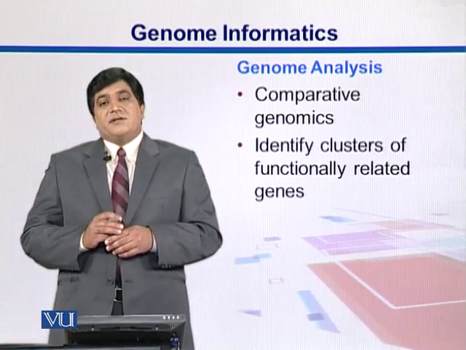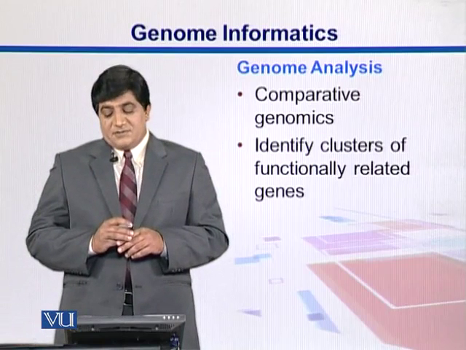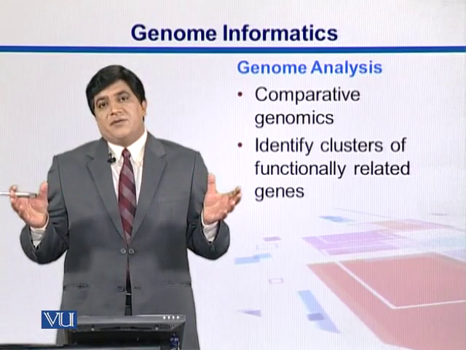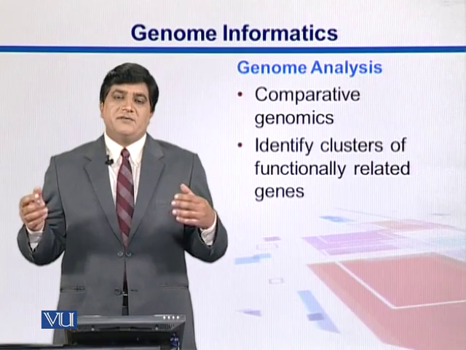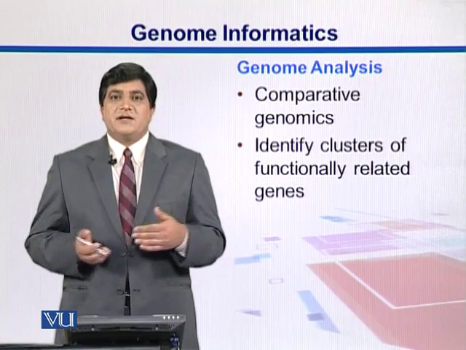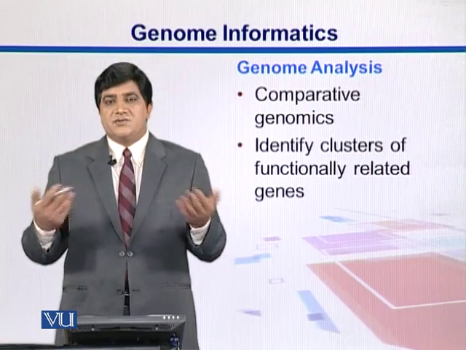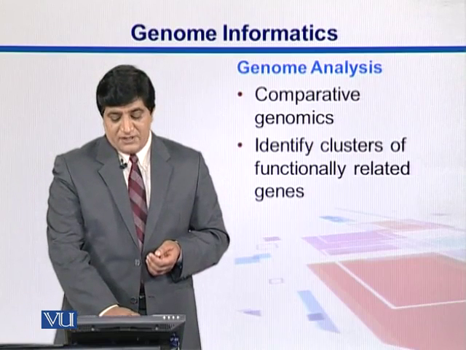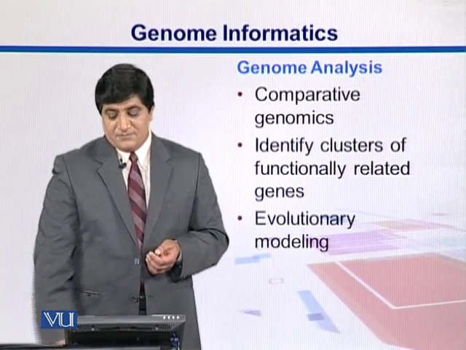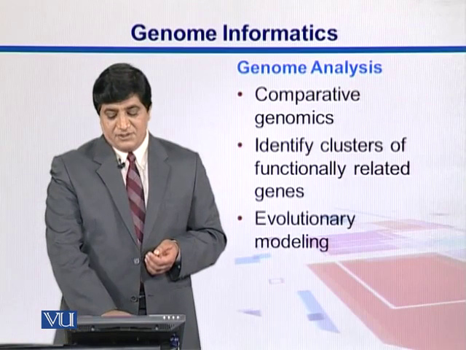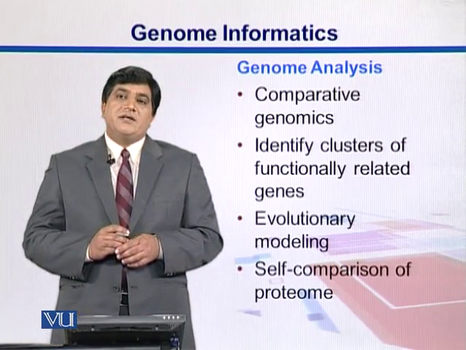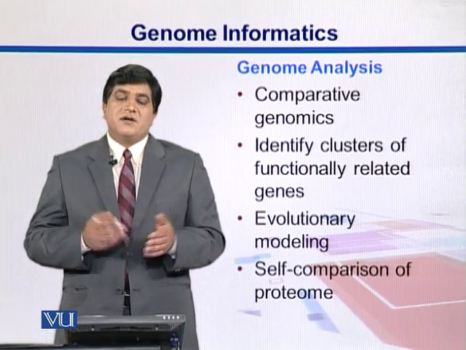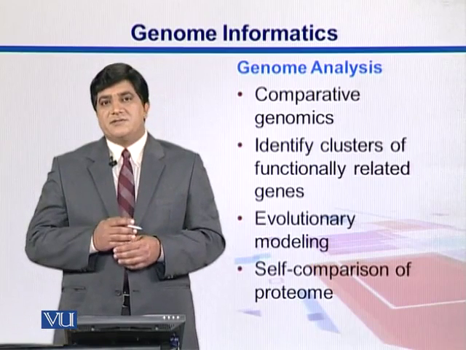We can identify the clusters of functionally related genes, those genes which might have similar structures, similar sequences, and are performing similar functions. What those genes are can give us the idea about evolution. So obviously we can do evolutionary modeling. Sometimes we are interested in finding the genes which are duplicated within the same organism.